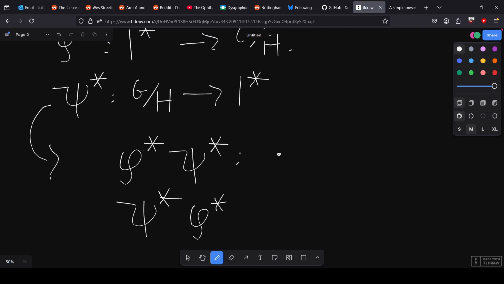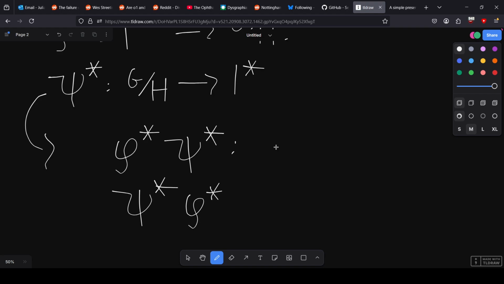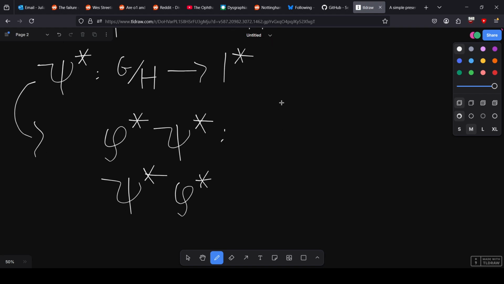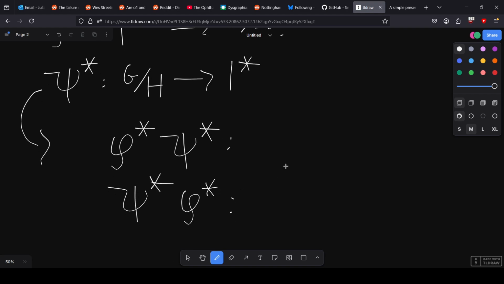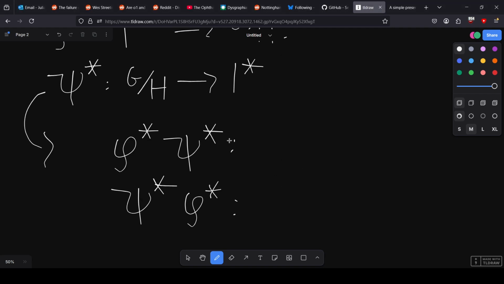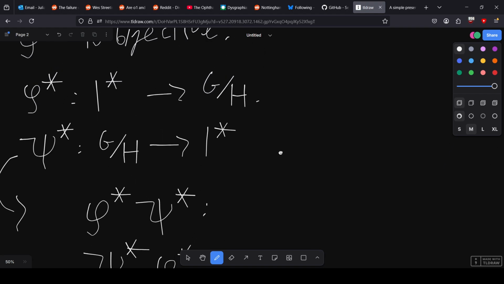So, the way we do this, in particular, is because both of these are compatible with our group actions. Things get decently quick.